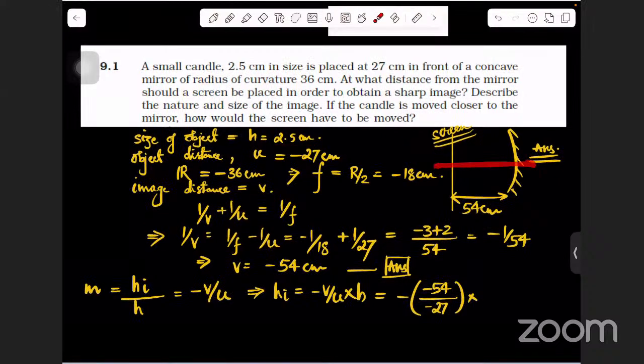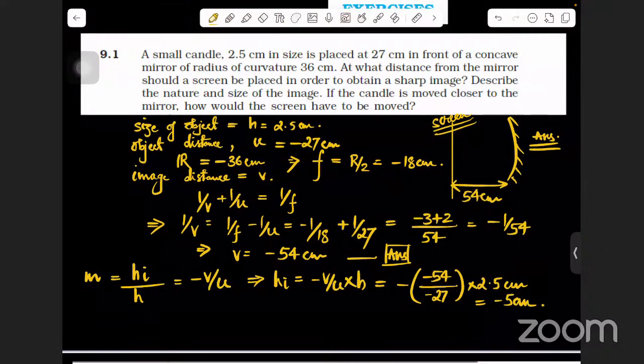And if we assume that it's standing erect, because it's not in the question, of course, the object will be erect above the principal axis. So it's again positive, into 2.5 centimeters. And this comes out to be minus 5 centimeters.